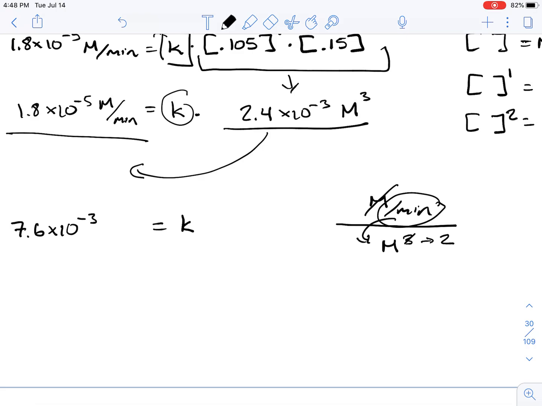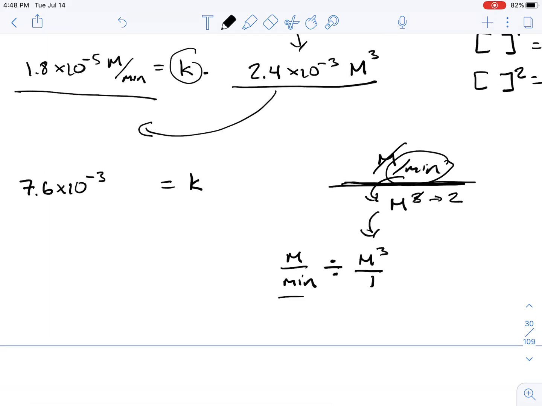So another way that you guys can think of this is expanding as a fraction. So molarity per minute is divide this by molarity to the third over 1. Okay, so remember that this line means division. And so when you divide fractions, you keep, you change, you flip. So you keep this, you change it to multiplication, and then you flip it. So notice that your molarity will cancel, so leaving this to the second power.